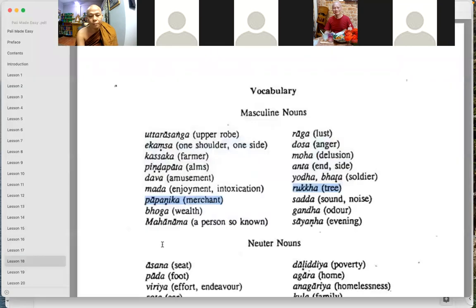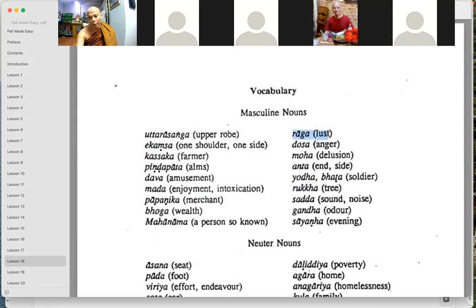And then Boga, wealth, property or wealth. And Mahanama, that is the name of a person. Maybe that person is male, so that is masculine. Mahanama, Mahanamo, Mahanama, a person so known, a person so called. And then Raga, lust.